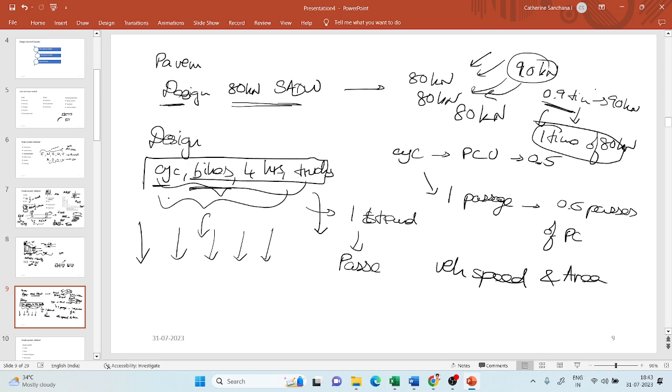So how much area each vehicle covers with respect to the passenger car, and what is the speed of each of these vehicles with respect to the passenger car. So by using these two parameters, vehicle speed and area, you can find out something called passenger car unit and convert all the vehicles into passenger cars. Okay, I hope this concept is clear.